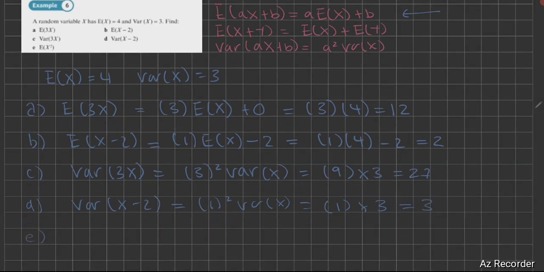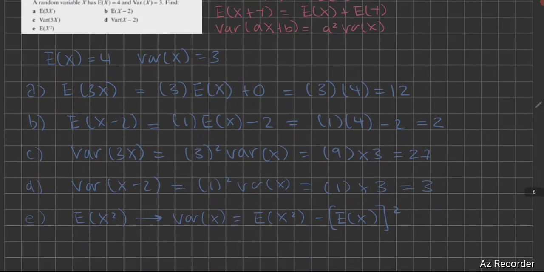Now, this one's interesting because we're not given a table of probabilities and variables, and so we have to use a rule that we learned in previous videos, which is that the variance of x is equal to the expected value of x squared minus the total expected value squared.